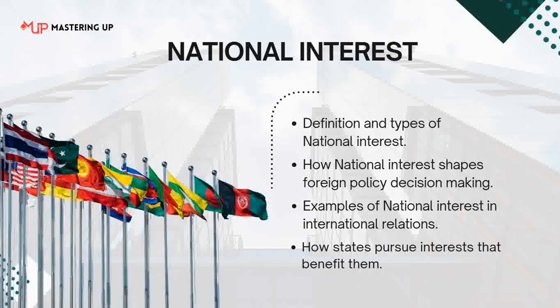States sign treaties, they develop rivalries and dependencies just to achieve their goals. This means that the effective pursuit of national interest requires a deep understanding of the global environment. It requires careful planning and strategic decision making of a state. So national interest is a basic concept of international relations because it allows states to interact with one another to achieve their goals.